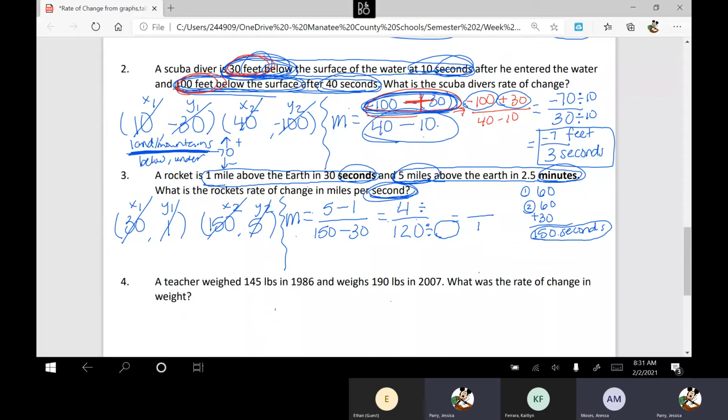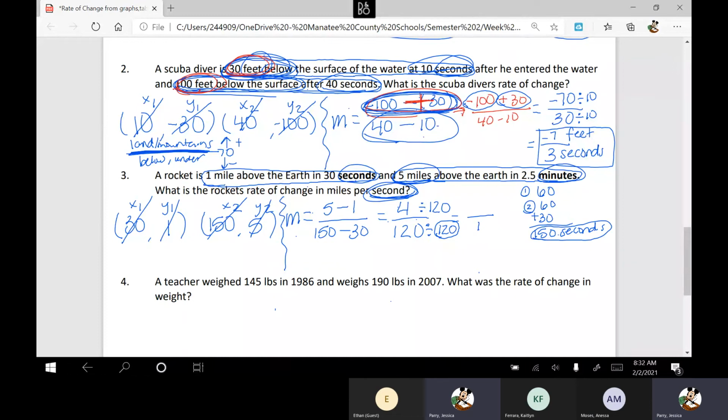We have a rule, like an identity property: any number divided by itself is always just going to equal 1. So 120 divided by itself equals 1. So what should I do? 120 divided by what? 120. Perfect. 120 divided by 120 equals 1. So that means we're also going to divide the top by 120. Okay, so now we have 4 divided by 120.